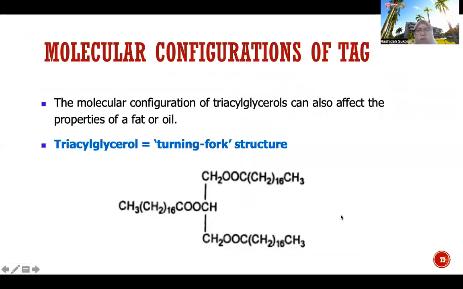So the molecular configuration of triacylglycerol can also affect the properties of fats and oil. In this case, triacylglycerol is a tuning fork structure. In the tuning fork structure, for example, the location of the SN2 is the other way around.